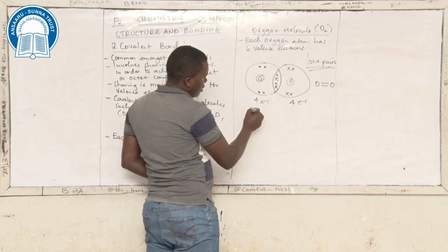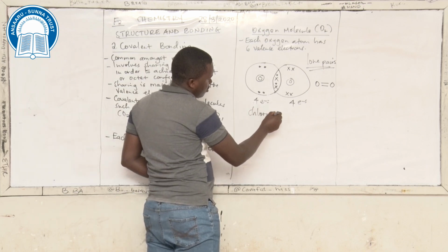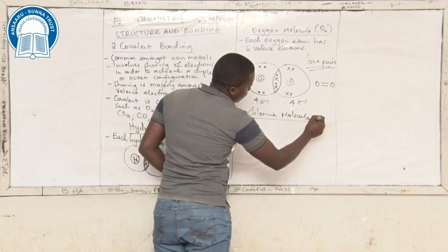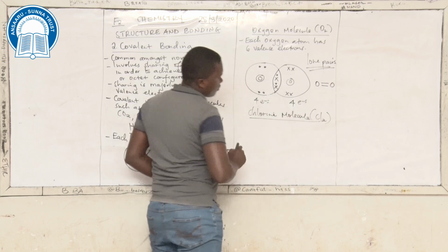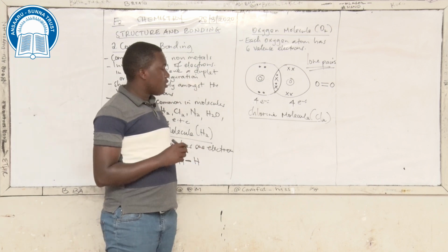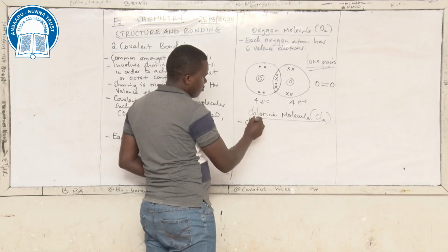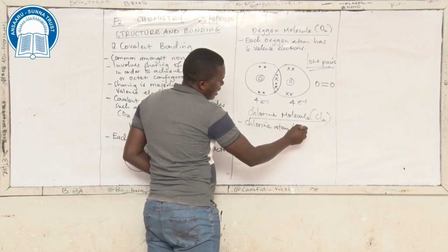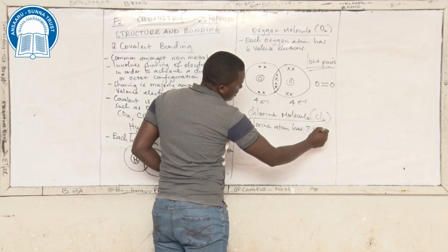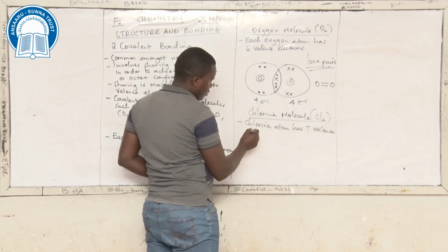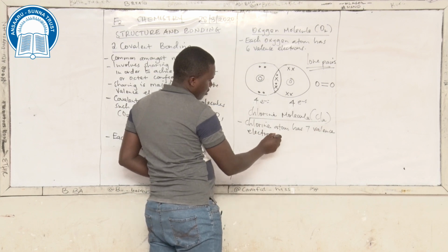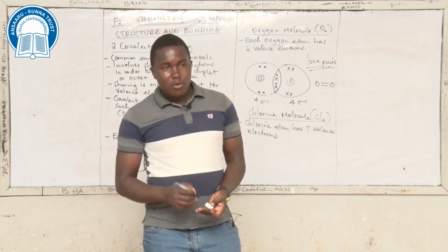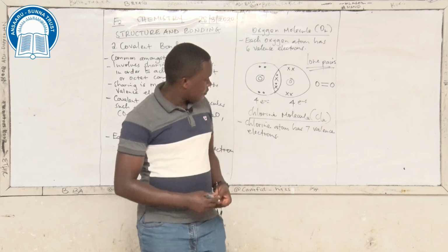The next one is chlorine molecule, which is also Cl2. We know that a chlorine atom has 7 valence electrons, and therefore each chlorine atom requires 1 electron to become stable.